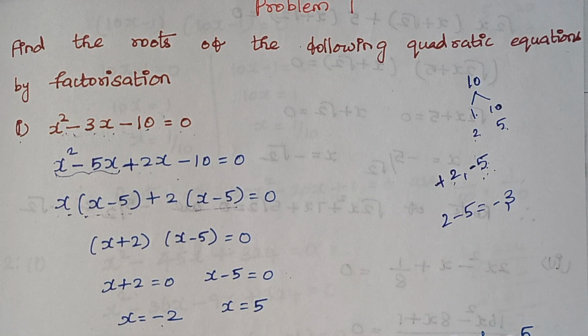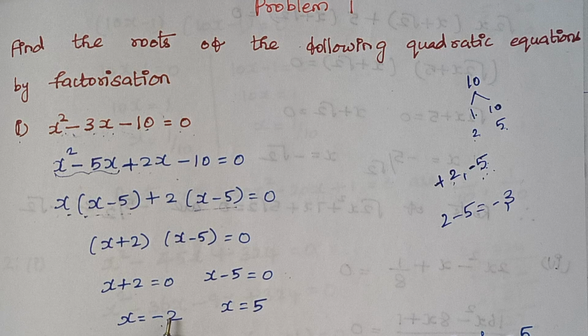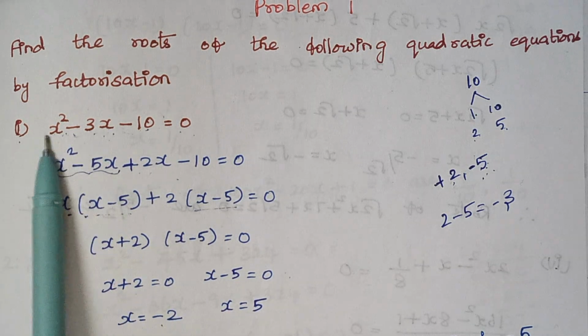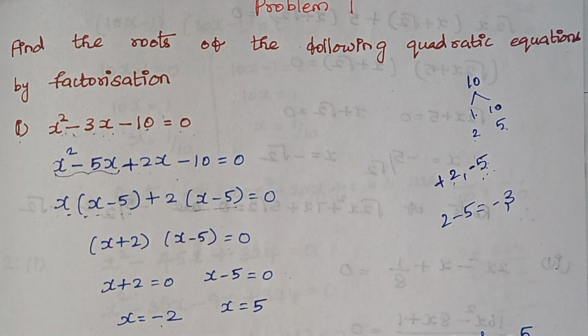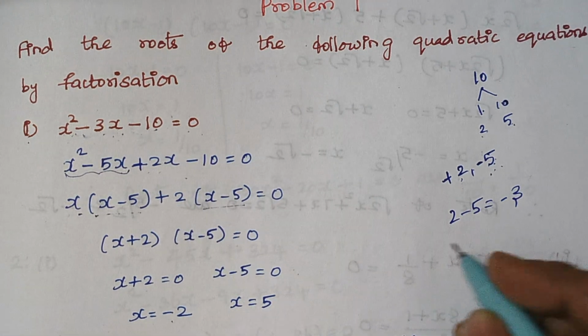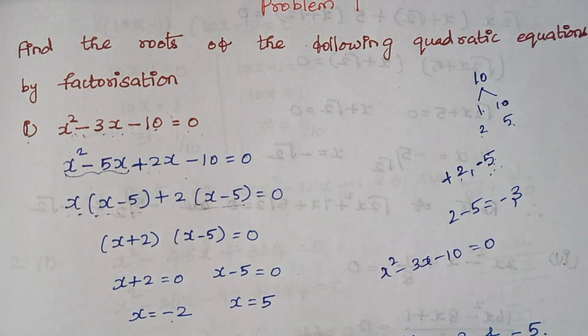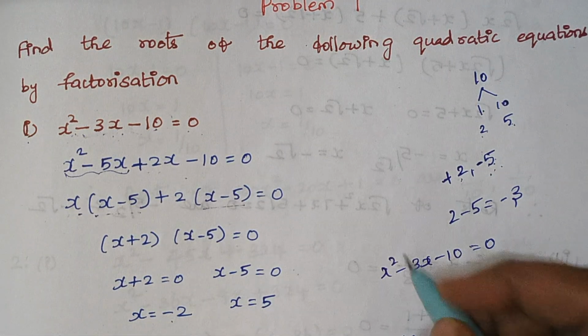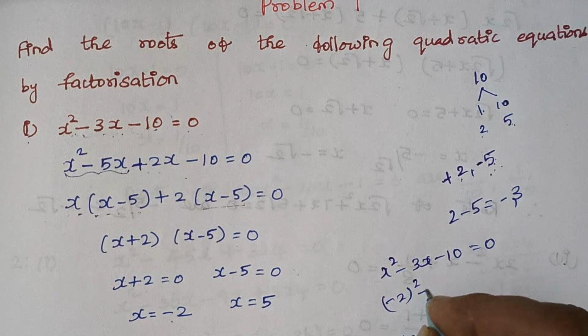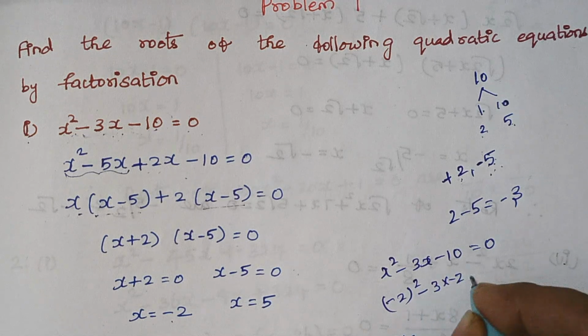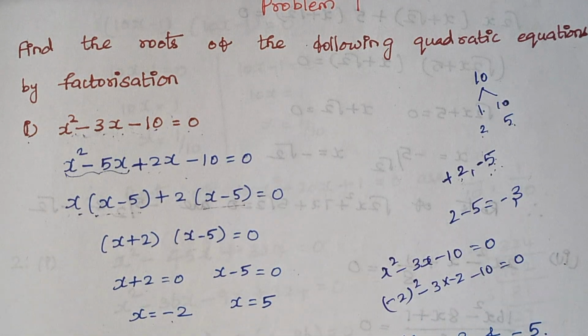Even if you want to check, you can substitute these values and find whether this equation is equal to 0. For example, if you substitute minus 2, again this is your choice, right? If you want to check, you can make a check. So when you substitute the value of x as minus 2, so minus 2 whole square minus 3 into minus 2 minus 10 is equal to 0.